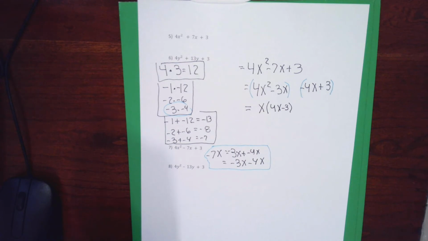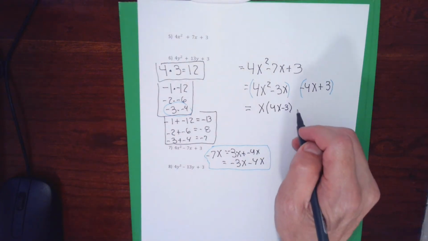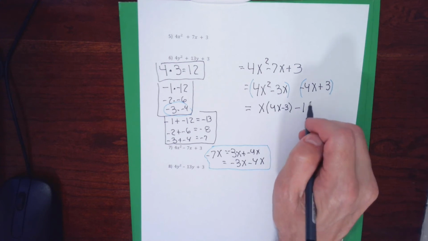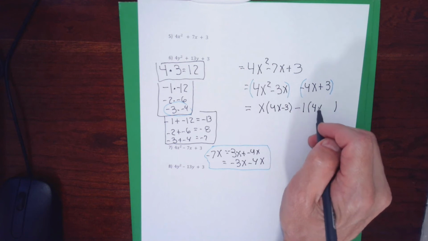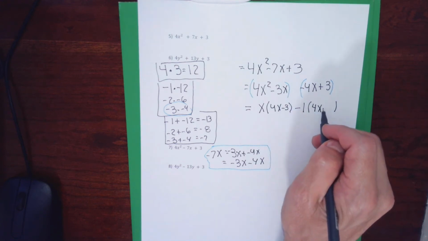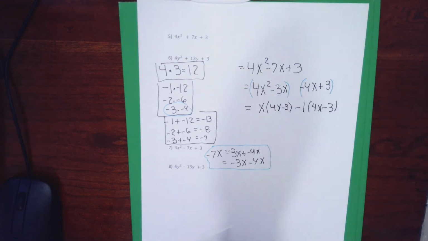Both terms don't have an x, and the biggest number that divides evenly into 4 and 3 is 1. But the first term is negative, so I'm going to factor out a negative 1. When I factor out a negative 1, I just switch the signs. The negative 4x turns to positive 4x. The positive 3 turns to negative 3.